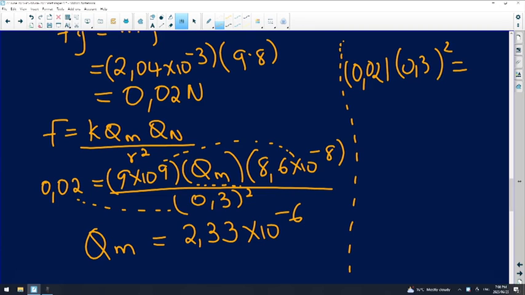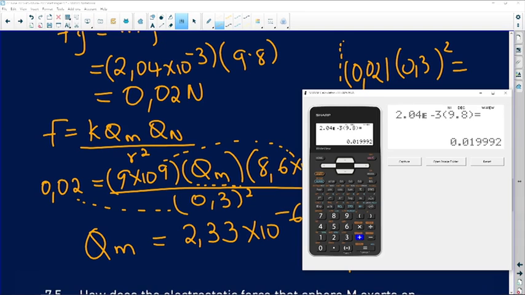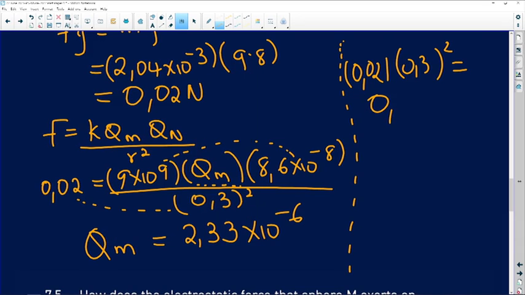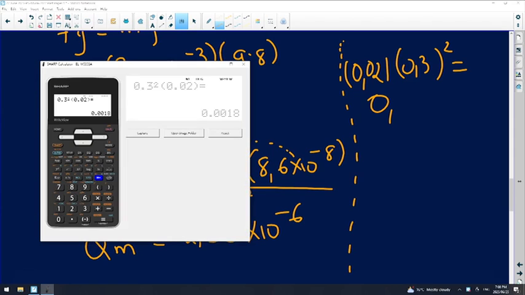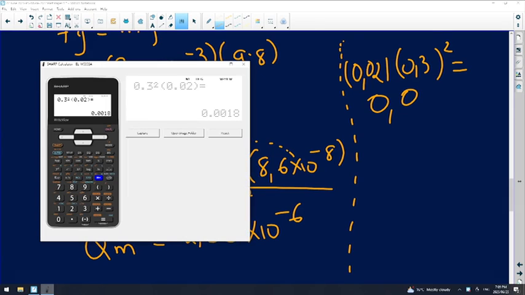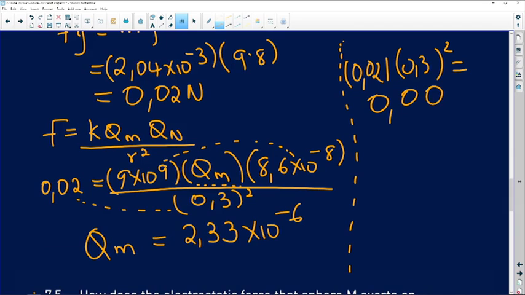I say 0,3 squared, I multiply this by 0,02, and therefore I get my answer, which is 0,0018.